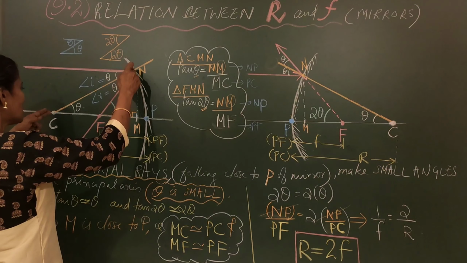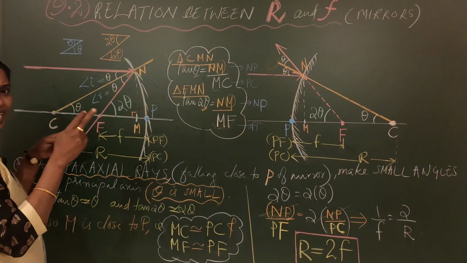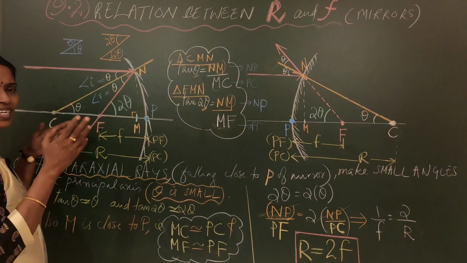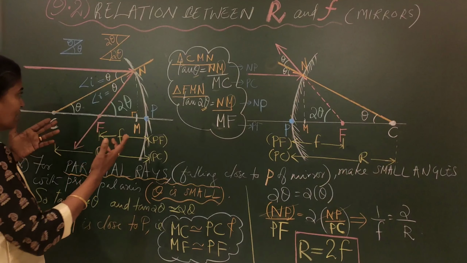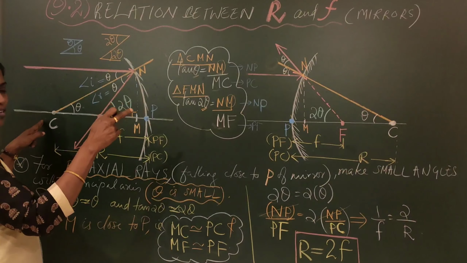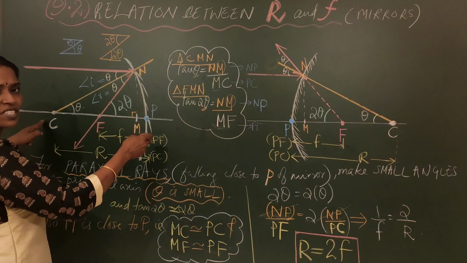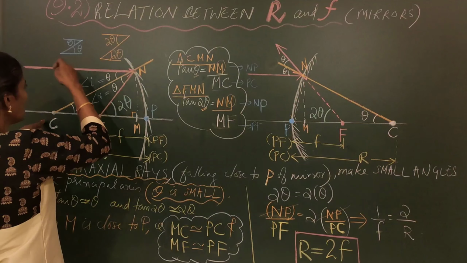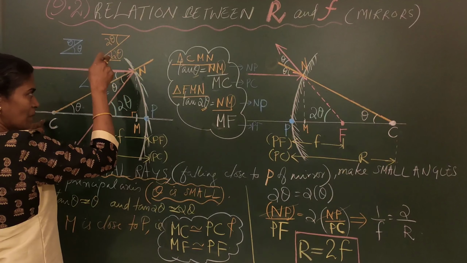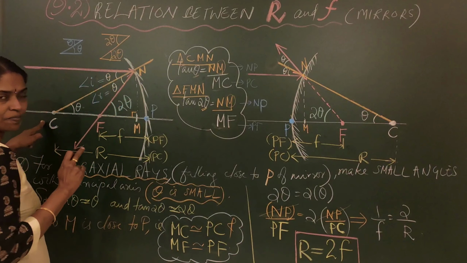So the magnitude of CN is definitely the radius of the sphere, that is radius of curvature. But here I have drawn it for the purpose of a normal. So always the radius is normal to the surface. So at the point N where the ray is coming and falling, the normal is CN.